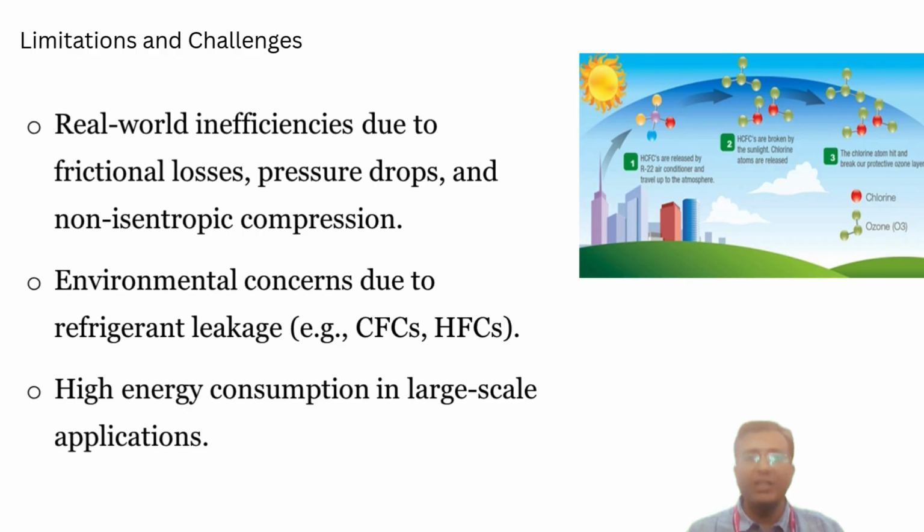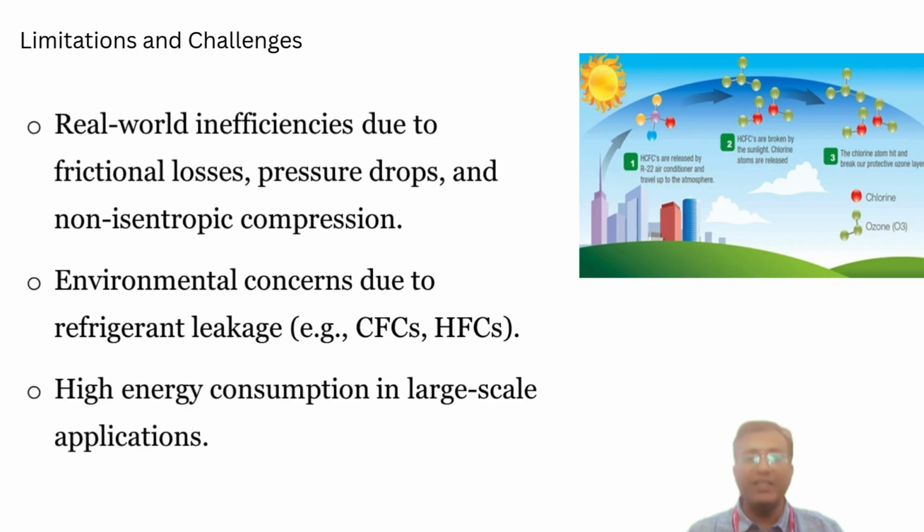Now here the non-isentropic compression means the compressor works harder than it should. Because of this, the COP of the system reduces. Now if in the real world application there is a pressure drop in the condenser and in the evaporator, this pressure drop reduces the energy of the refrigerant.